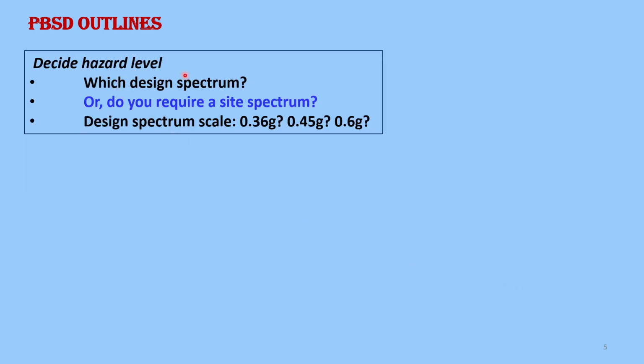Now, under what hazard level do you want those performance objectives to be satisfied? Suppose I want 1.5% drift in a building. Then the question arises, under which earthquake? So the hazard level you have to quantify. Now future earthquakes are not known to us, but we can have some idea by studying past earthquakes about what is the expected level of earthquake for that geographical zone, and also which return period we want to see in the earthquake.